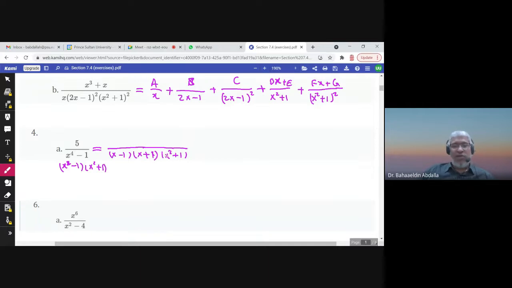So this is the factored form of x to the power 4 minus 1. I have x minus 1, a linear factor, x plus 1, a linear factor, and x squared plus 1, an irreducible quadratic factor. So A, B, Cx plus D.